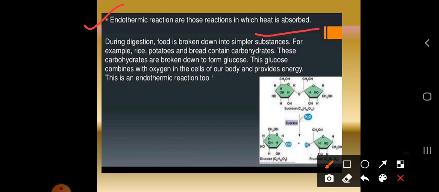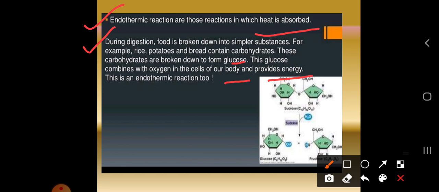Take a simple day-to-day life example: during digestion, food is broken down into simpler substances. For example, rice, potato and bread contain carbohydrates. These carbohydrates are broken down to form glucose, and this glucose combines with oxygen in the cells of our body and provides energy. So this is also a type of endothermic reaction.